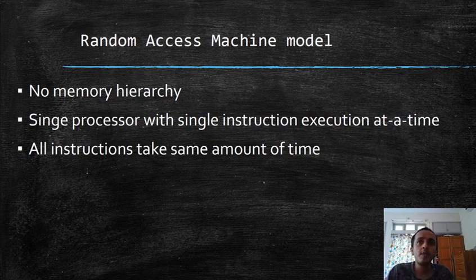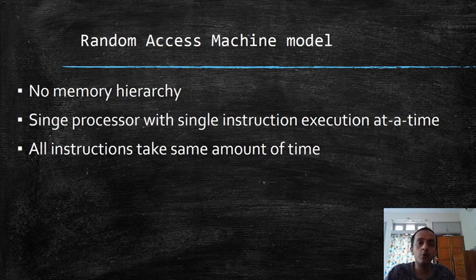Then we are going to assume that our computer has a single processor, single core, and it executes only a single instruction at a time. We are not going to think about any pipeline or any other complexity that comes from modern hardware. So it's a simple computer with a single processor. It executes just a single instruction at a time, and we are going to assume that all these instructions take exactly the same amount of time.